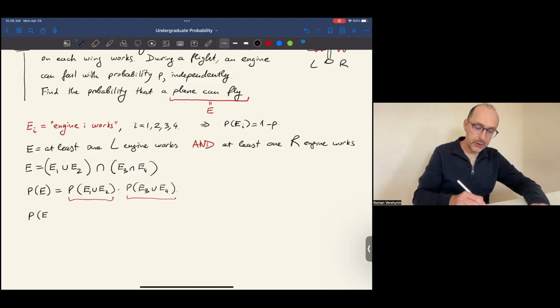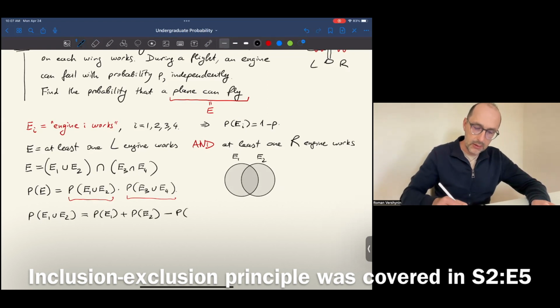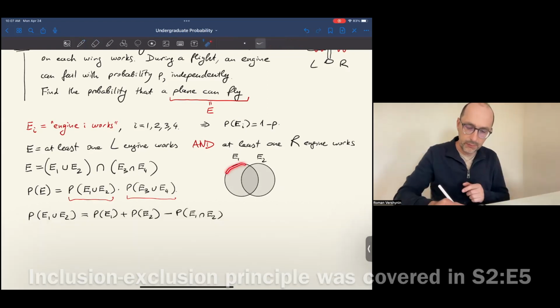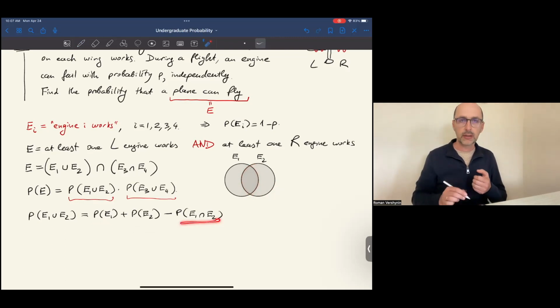How can we compute the probability of the union of two events? By inclusion-exclusion principle, it equals probability of E1 plus probability of E2 minus the probability of their intersection. P of E1 is this probability, P of E2 is this, and if we sum them up, we double count their middle part, the overlap, so we need to subtract it to correct double counting.